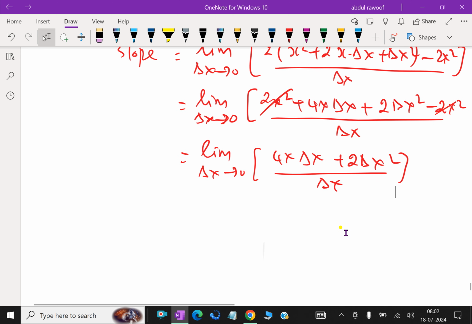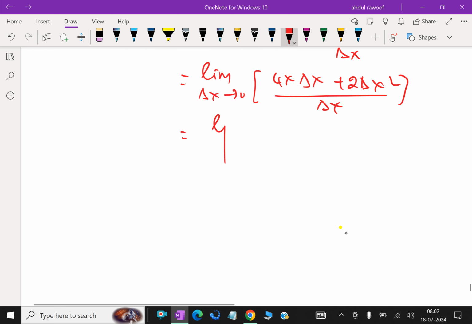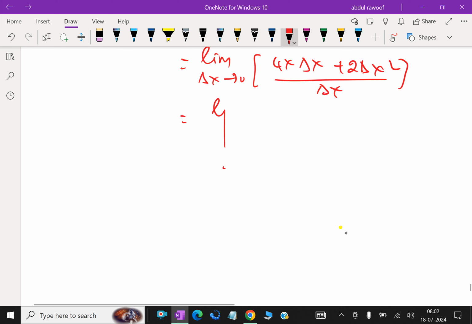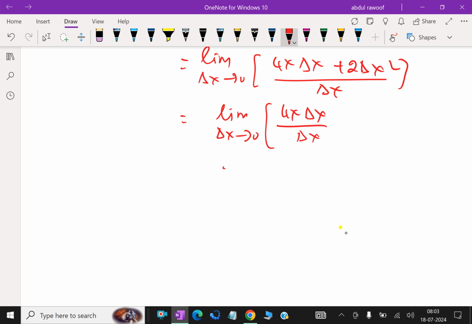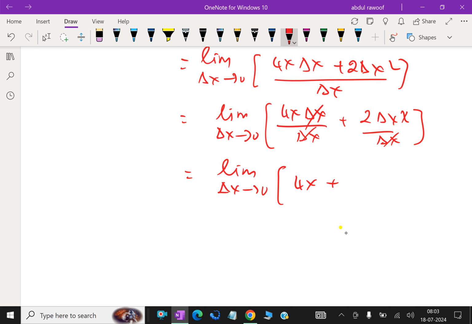Now we divide both terms by delta x. The limit as delta x tends to 0 of 4x delta x by delta x plus 2 delta x squared by delta x. This cancels to 4x plus 2 delta x.